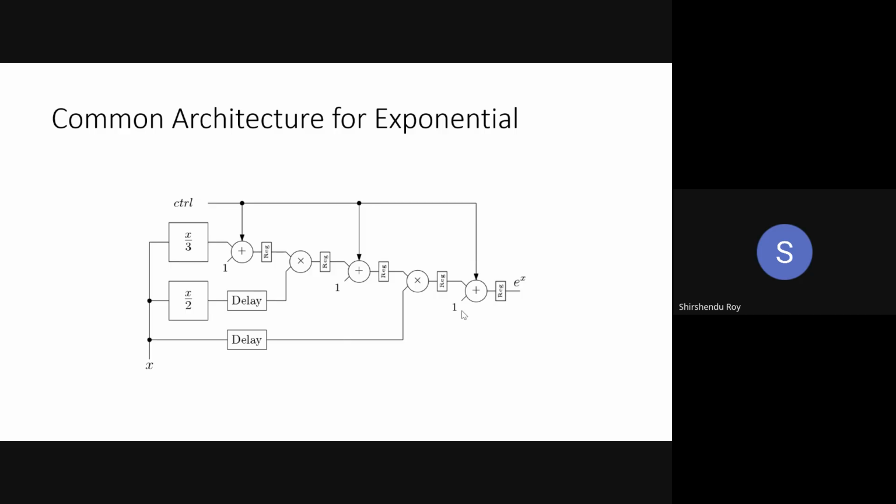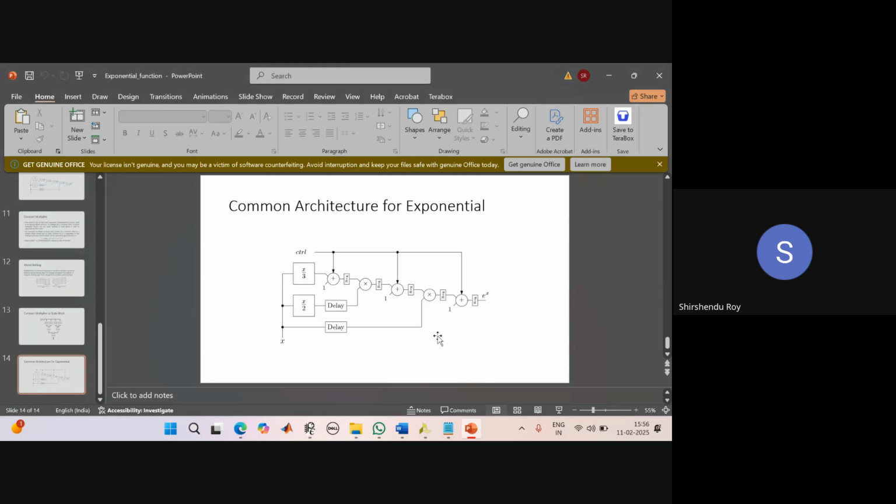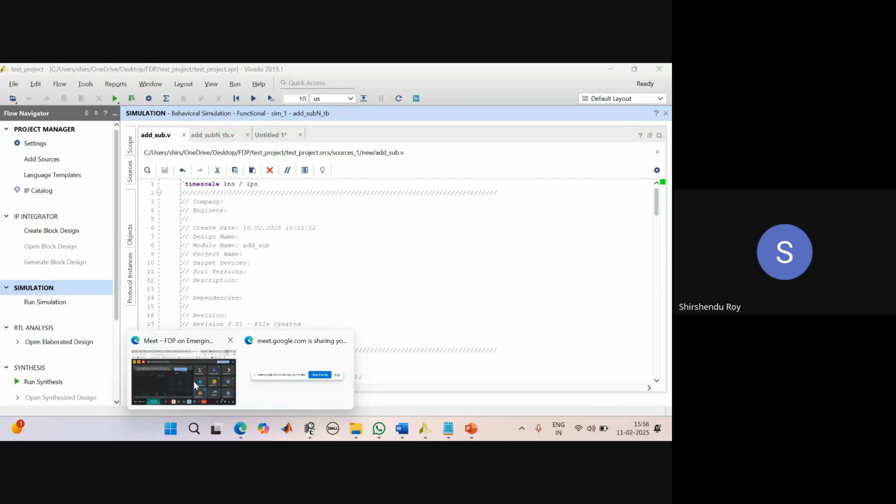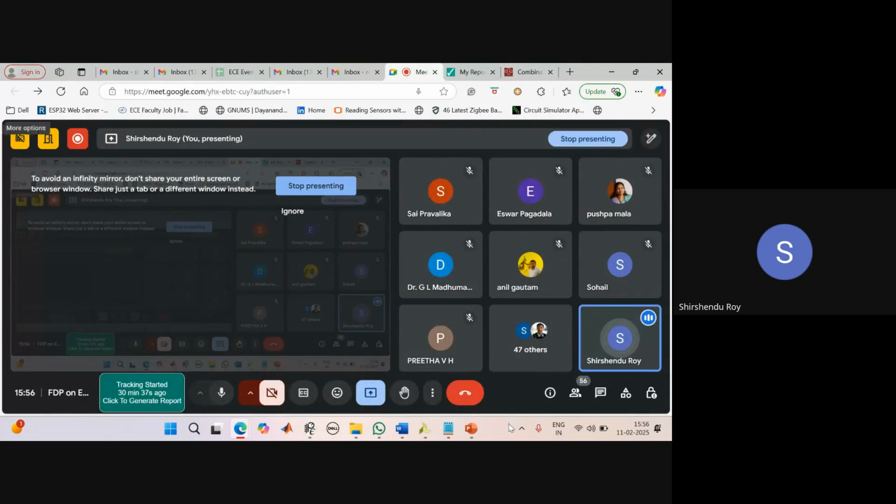Gradually we'll move to implement this entire thing on Vivado, and we will try to make it an intellectual property in Vivado so that others can also use it. So till now, if anyone has any doubt, they may ask, because we're going to move forward. I request the participants to ask for any kind of doubts.